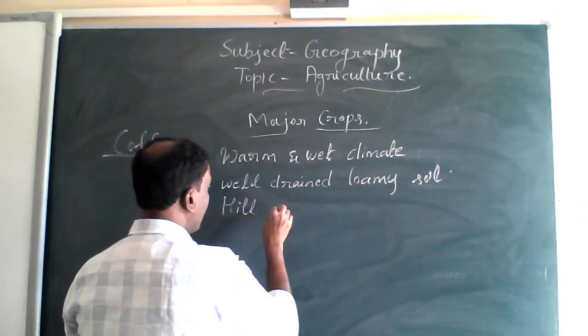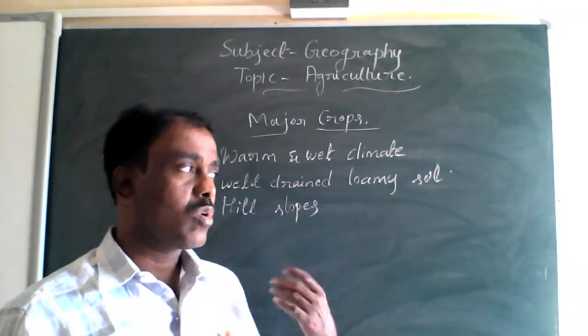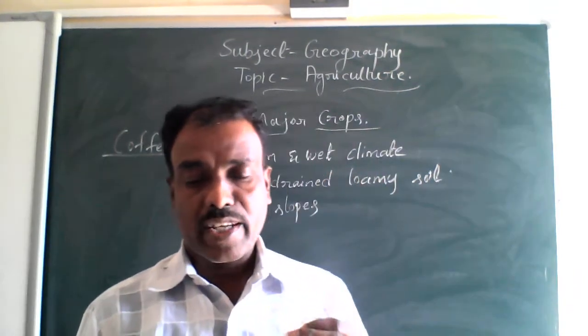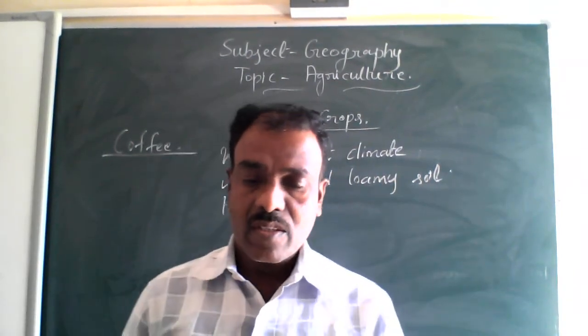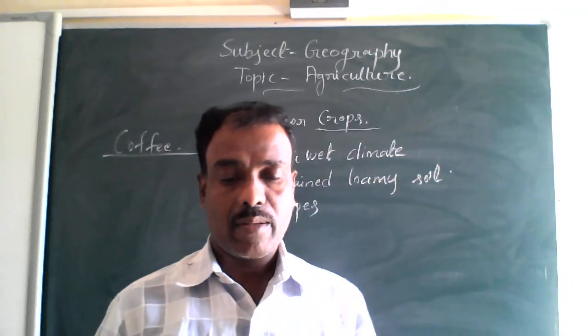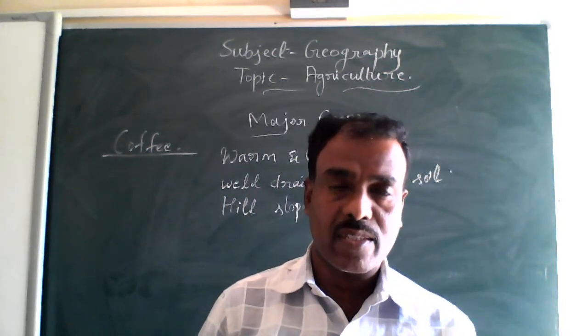Hill slopes. So we cannot grow coffee on plains. Got it now? It can be grown on hill slopes, and they are more suitable for this growth.